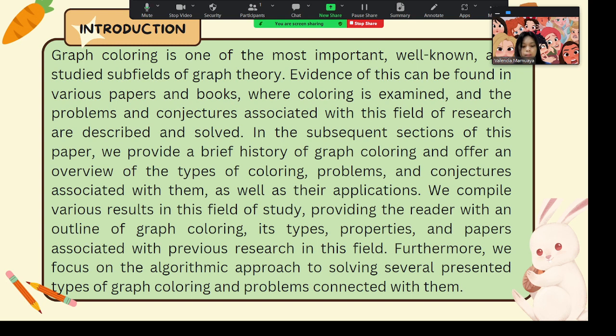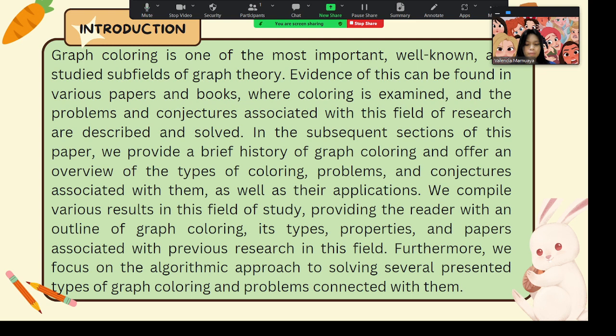We compile various results in this field of study, providing the reader with an outline of graph coloring, its types, properties, and papers associated with previous research in this field. Furthermore, we focus on the algorithmic approach to solving several present types of graph coloring and problems connected with them.